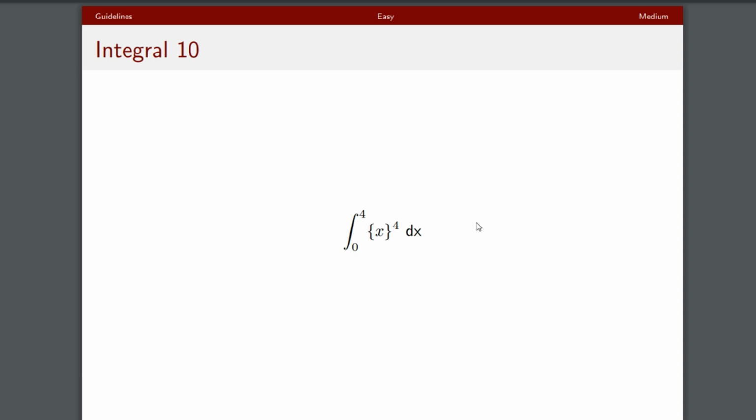Fractional parts. Whenever you see a function where everything is in terms of fractional parts, I want you to understand that fractional parts is a periodic function, like sine of x and cosine of x.